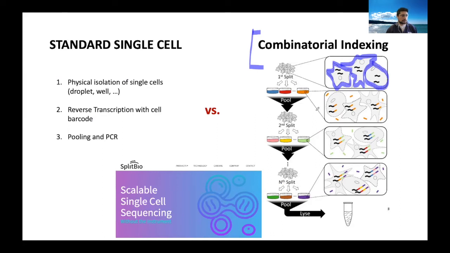Then they serially tag the RNA molecules with barcodes, and by pooling and splitting these cells, you get the combination of barcodes that identifies each single cell. Theoretically this method is able to analyze a lot of cells, and it's instrument free. It's just longer in terms of library preparation, but I just want to let you know that it's out there.